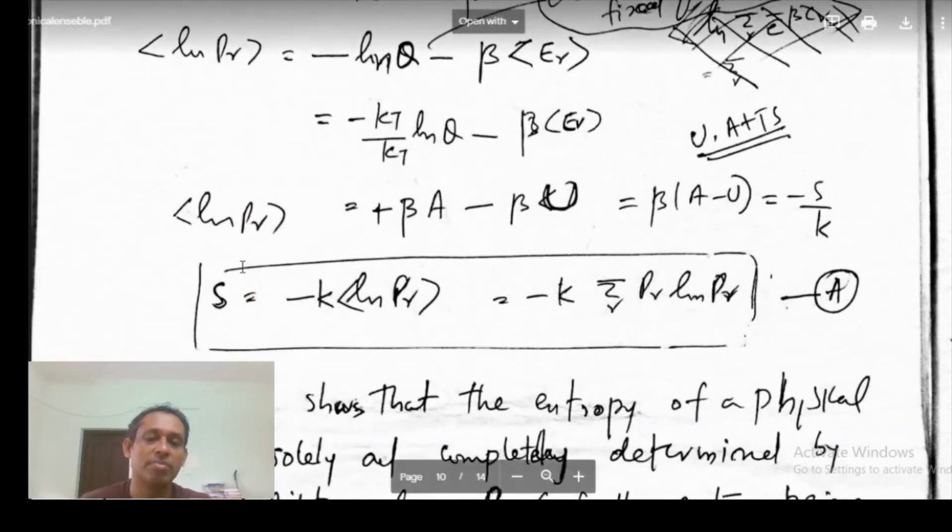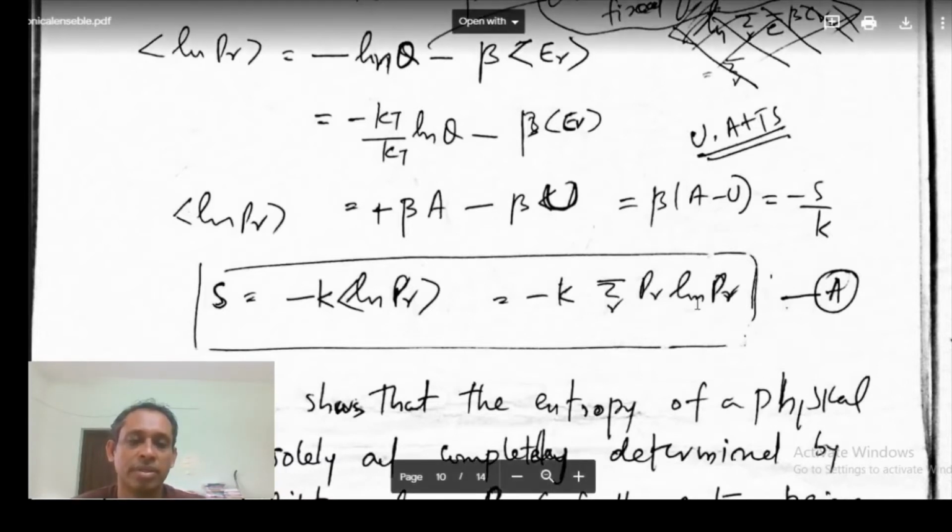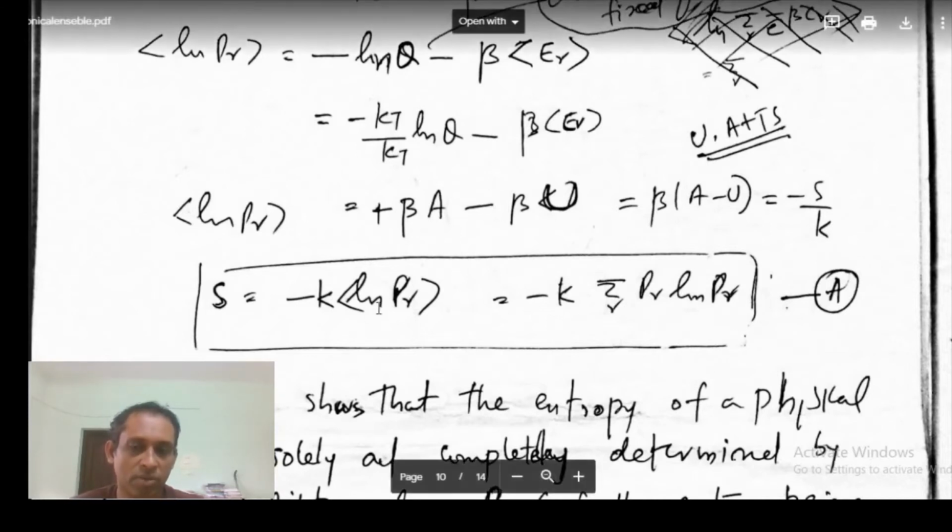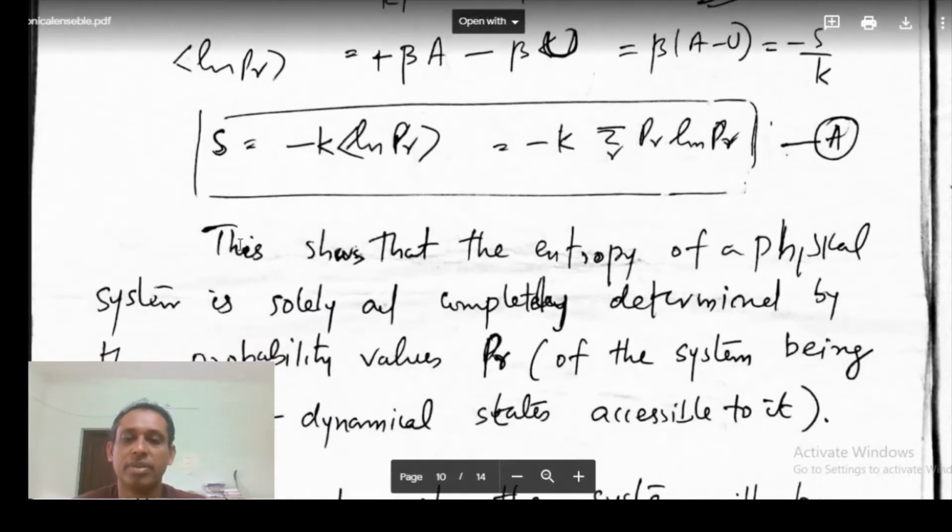This is the probability. So in terms of probability, the mean value of log PR can be written as sigma R PR log PR. Okay, so for mean energy, we know we write sigma R PR ER. So the mean value of log PR is sigma R PR log PR. So S is equal to this.